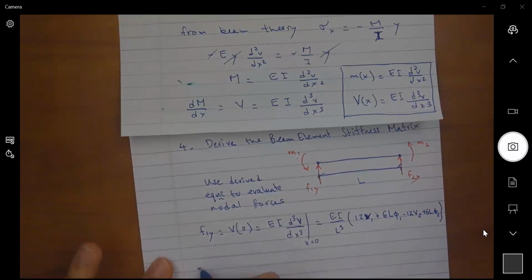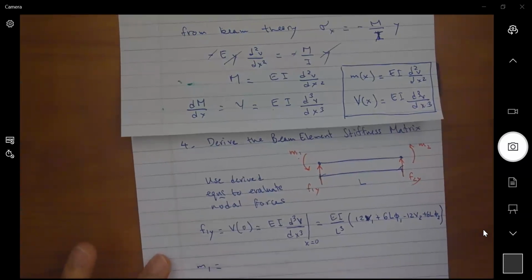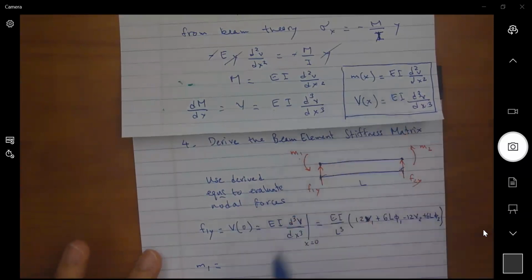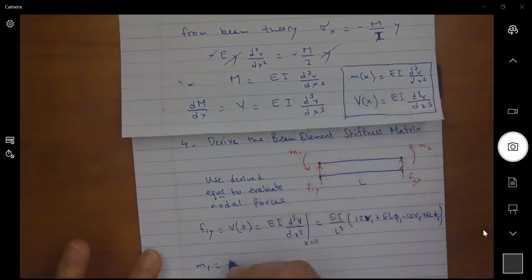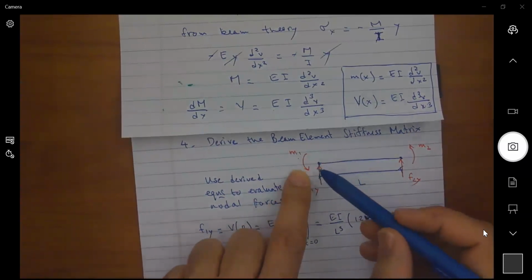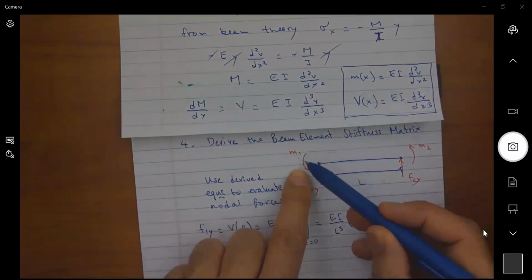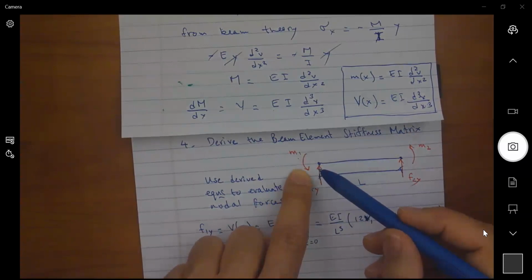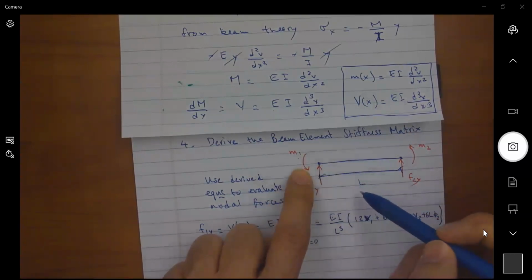Then we're going to solve for M1 here. And for M1, I'm going to use the moment equation. Before I start, please pay attention to the direction here. This is counterclockwise. According to my moment convention, this is putting compression at the bottom.